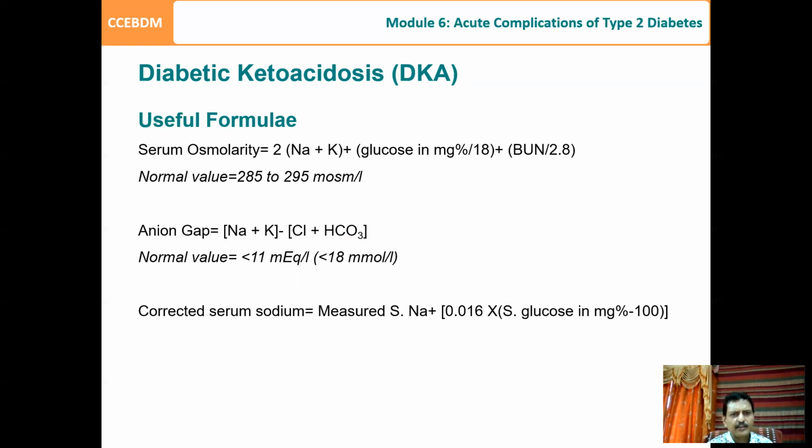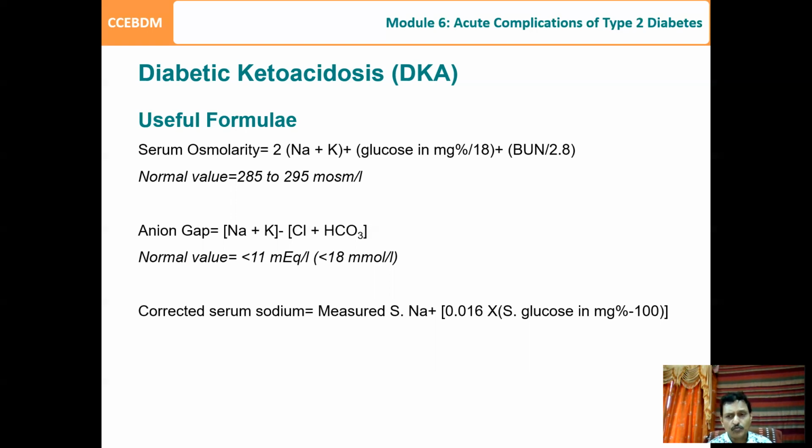Now, what we mean by anion gap: you have to measure the two important cations in our blood, that is sodium plus potassium, and then subtract from this value the total amount of the important anions, that is chloride and bicarbonate. So there is basically a gap between the two. We expect that the anion and cation should be the same, but in the real scenario there is some difference. The explanation is that there are many anions which we actually don't measure.